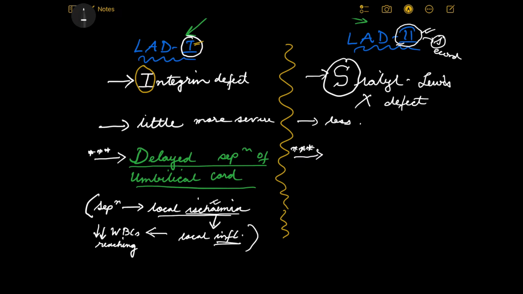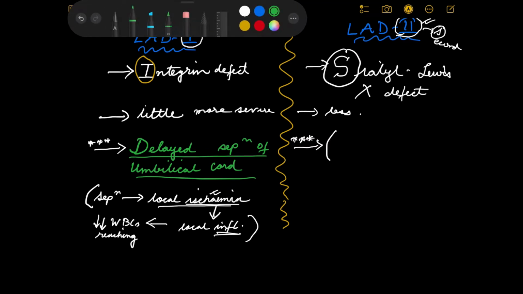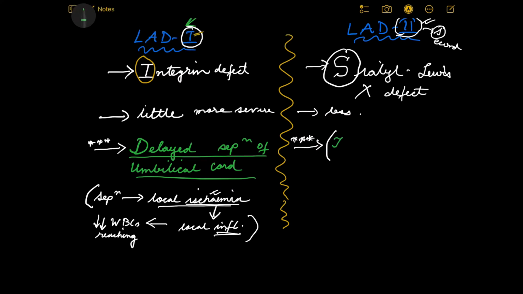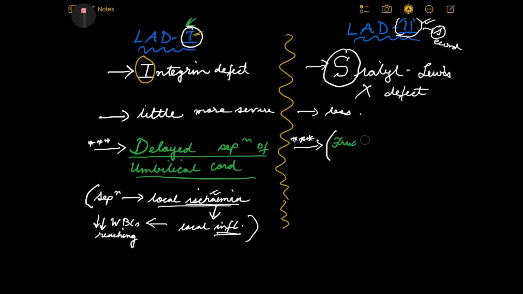You see, there is a certain enzyme called fucosyl transferase. Let's use another ink, because green is something I'm using for the clinical manifestations only.